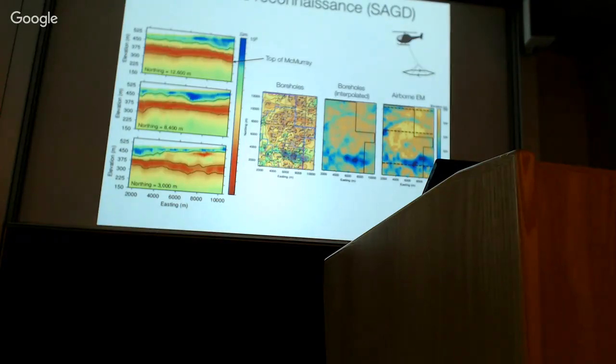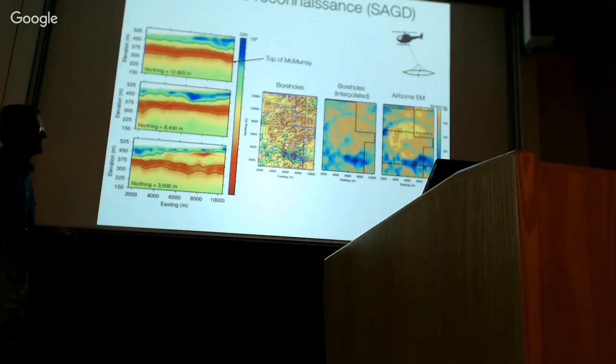If you fly an airborne EM survey over here, and then invert that and estimate that boundary level from the airborne EM results, you end up with an image that looks like this. Right? So this is elevation of that interface as a function of x and y.